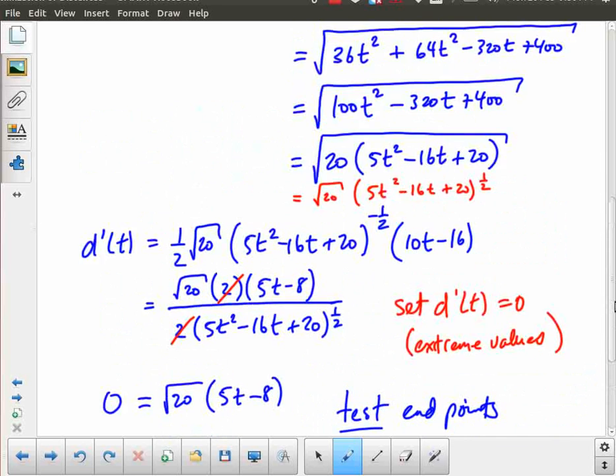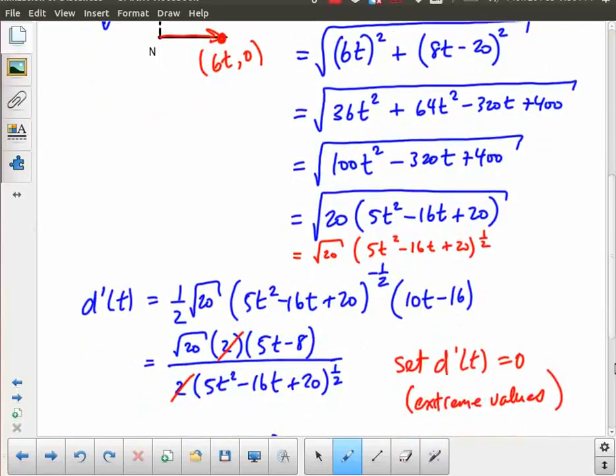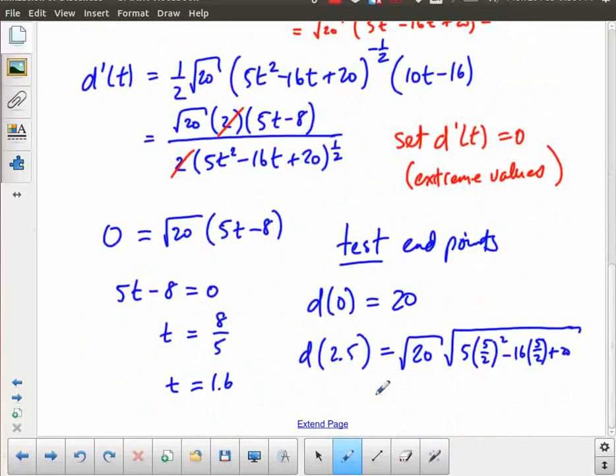Just want to go back. Is there a simpler form for this that we could have used? Not in particular. I mean, I could have made it a bit easier, maybe. So from there, I end up with square root of 20. I'll be interested to see how and why this is going to turn out to be 15.